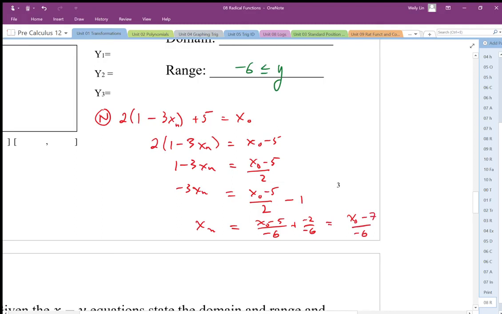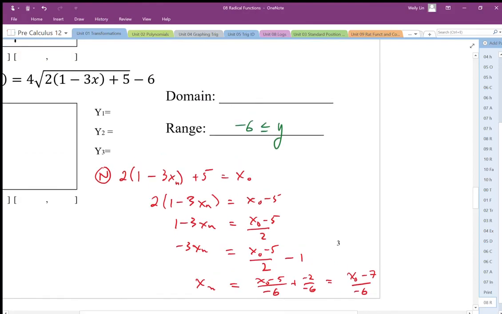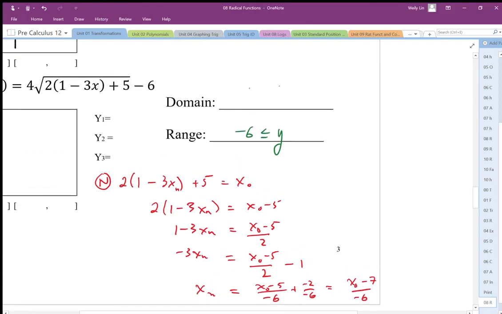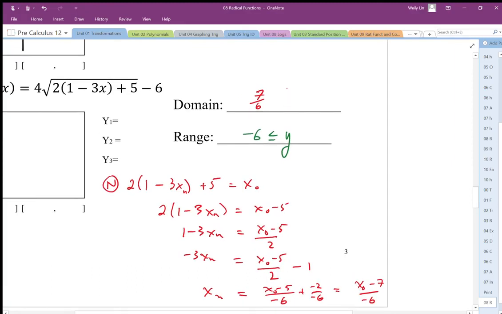So it's been horizontally flipped and compressed. In this case, the shift point is going to be at positive 7 over 6. So the domain boundary is going to be at 7 over 6. It's a horizontal flip because of that negative coefficient, so we're going to go in the negative direction.